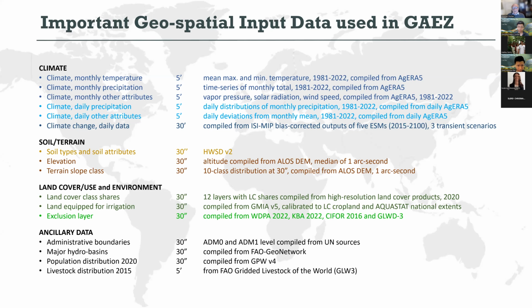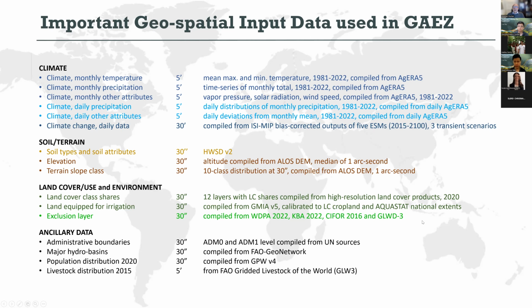Those are the areas considered of particular environmental and biological value and are considered to be excluded from agricultural development. Last but not least, there are various ancillary data: administrative boundaries, major hydro basins, population distributions, and livestock distributions, which are used to set also the context in a socioeconomic sense to the land evaluation results that are obtained.